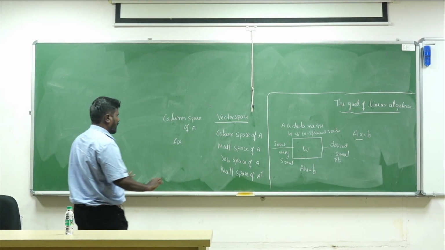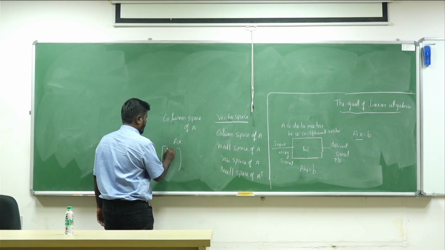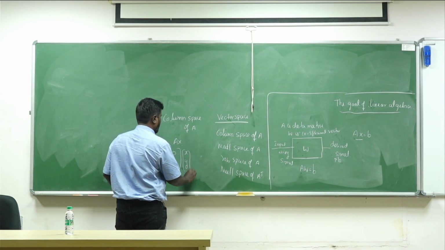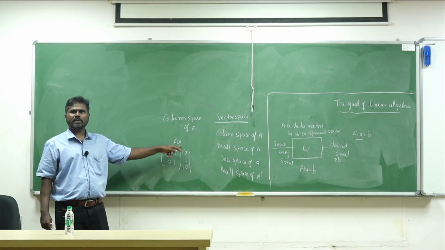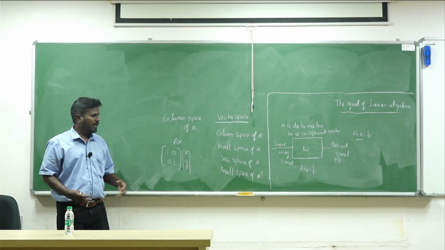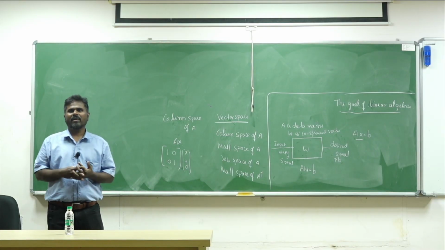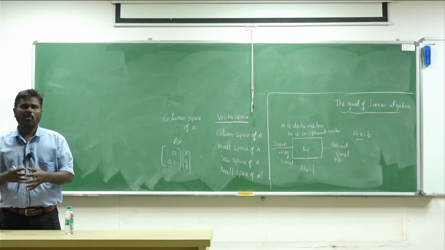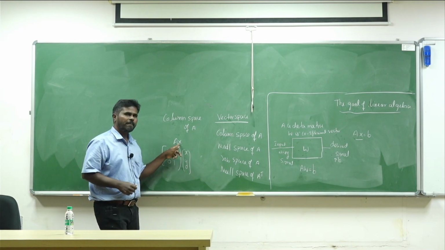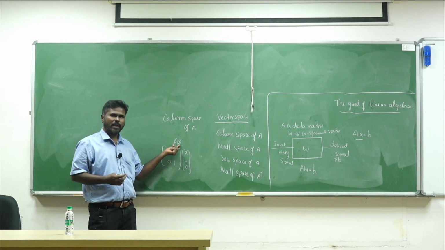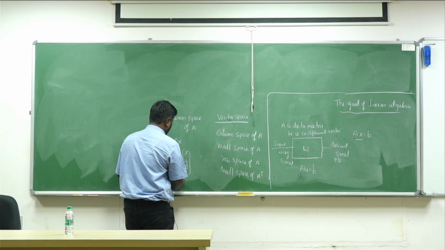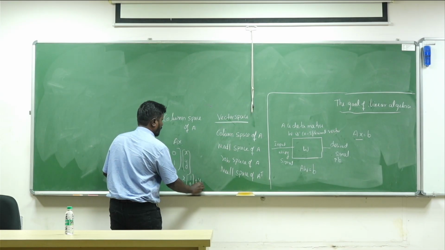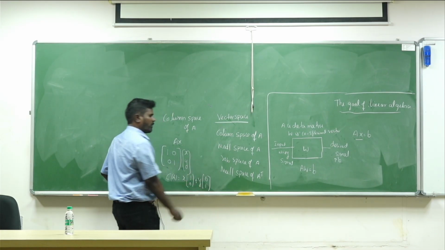Say for example, a trivial case, let's say the matrix is this. Let's say x is a 2-dimensional vector. What is Ax? What is the column space? The column space is nothing but the linear combinations of the columns of A, the linear combination of the vectors.